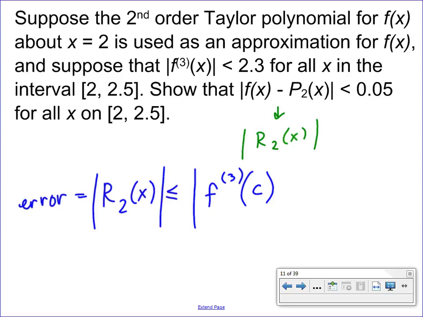Looks like it starts at 2 and then goes to 2.5, times the next term, which would be x minus, where is it centered? 2, so x minus 2 to the third, over 3 factorial.